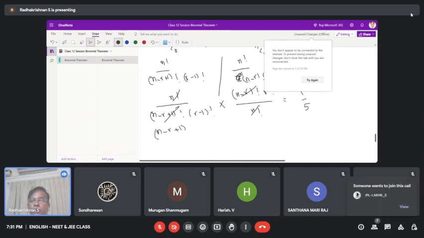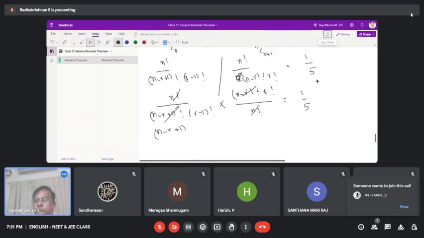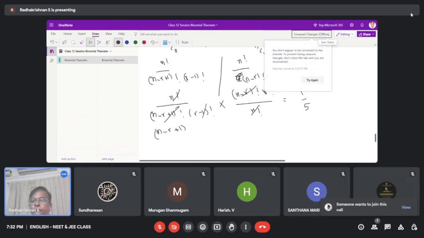Same way, this is (r minus 1) and r, so you cut it out and write r. So what do you get? Mostly it is cancelled out, and you get r by n minus r plus 1.